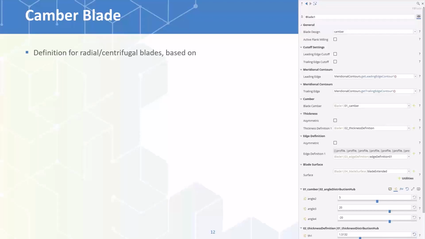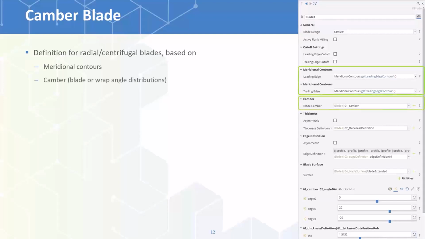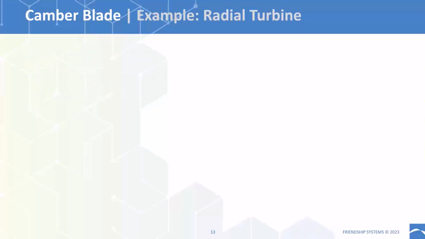This is a definition that is mostly used for radial or centrifugal blades, and it is based on meridional contours, a camber definition, which is based on blade or wrap angle distributions, and a thickness distribution, and then basically allows you, by combining this information, to generate your blade.